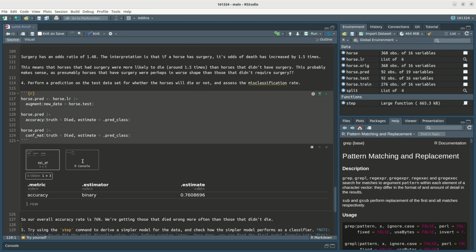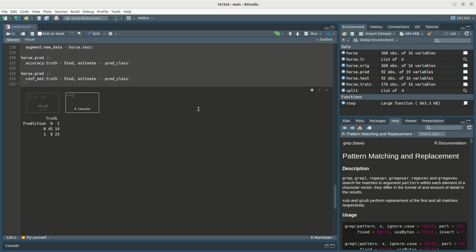So perhaps this might not be ideal, because presumably the goal would be to try and prevent death. If this was deployed in practice, you'd want to make sure that your prediction of no death didn't include too many that actually died. So we'd want to reduce this number 14 a bit, even if that meant that we were predicting that some would die, even if it meant increasing the 8 a little bit.